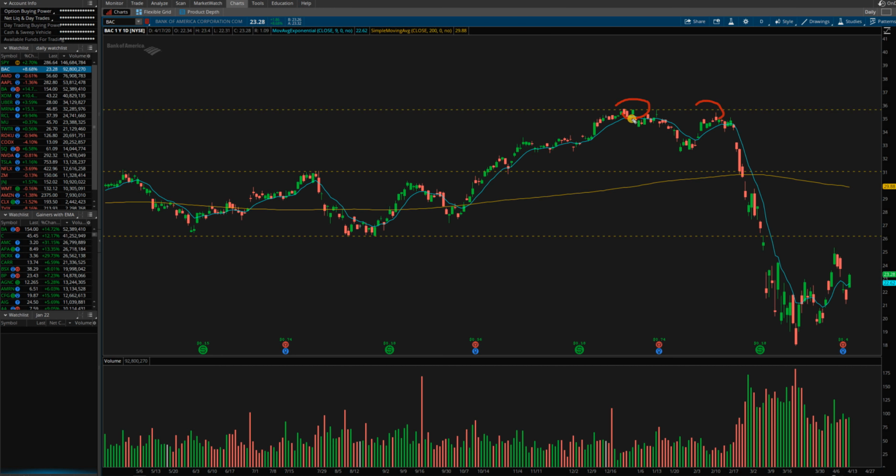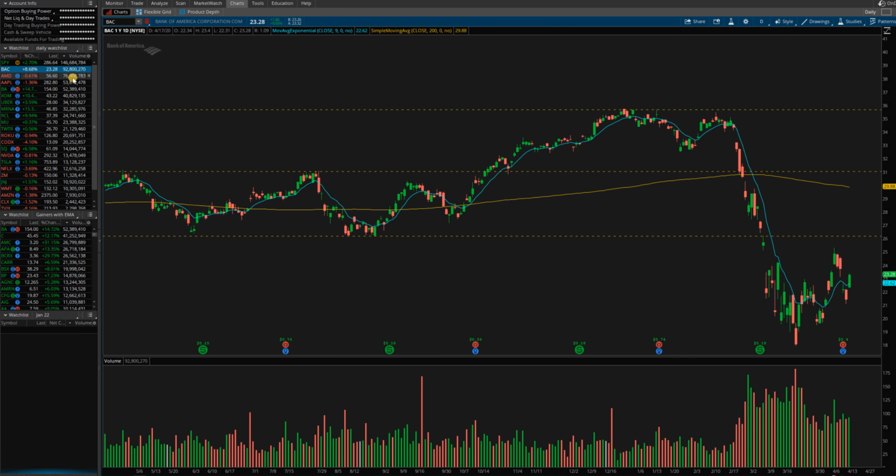You could have sold on the top because you had plenty of time. It held here for multiple days and it couldn't break, and then you could have avoided this big loss. Now this is just one example, so I'm going to go through multiple examples and show you how to draw support and resistance lines and do technical analysis.